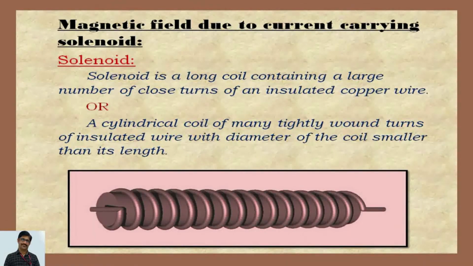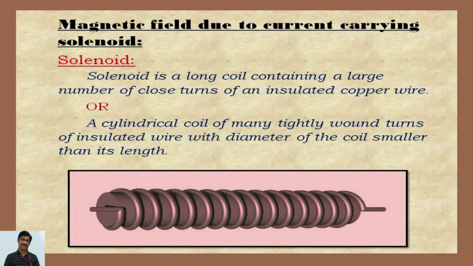Dear students, let's move on to magnetic field due to current carrying solenoid. Let's understand what exactly the solenoid is, and later we will find its magnetic field. The solenoid is a long coil containing a large number of closed turns of insulated copper wire.